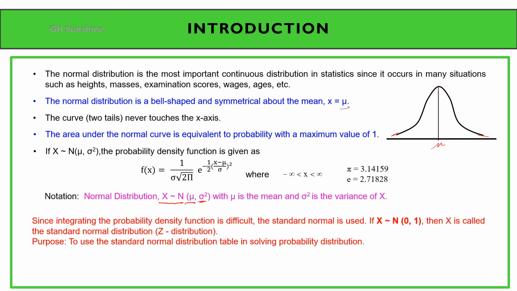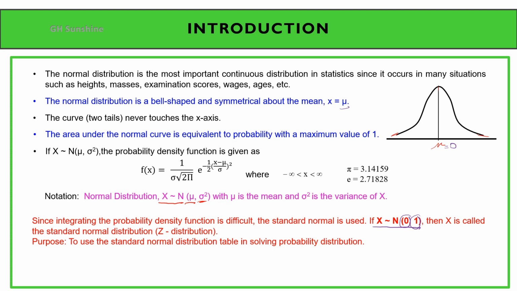Since integrating the probability density function is difficult to handle, the standard normal is used. So the standard normal here is Z follows a normal distribution with mu equal to 0 and variance equal to 1. Then it is called the standard normal distribution, or commonly known as the Z distribution.